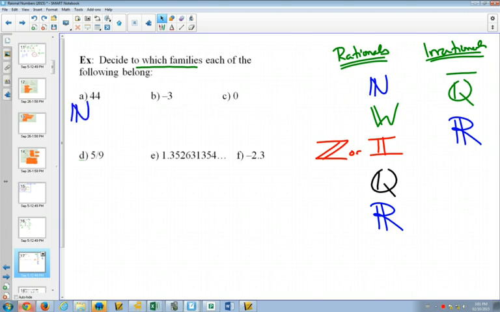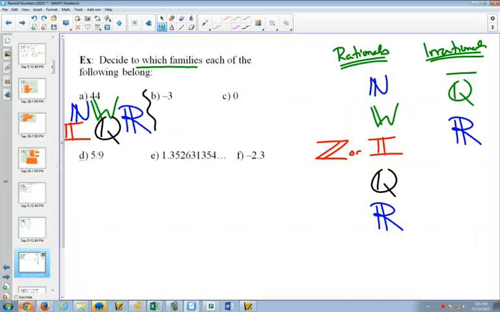So because it's natural, you'd also include all the ones underneath it. So that one is 5 of them. There's 5 families that 44 belongs to. And that's easy to remember because this spells the word Newarker.